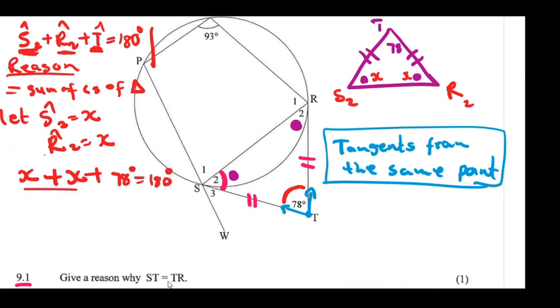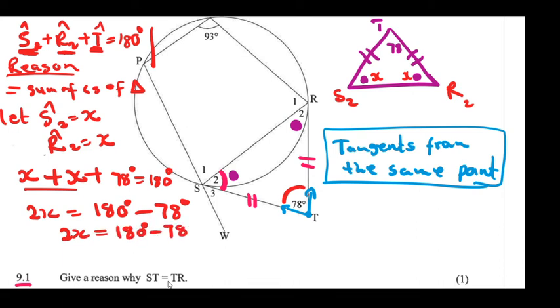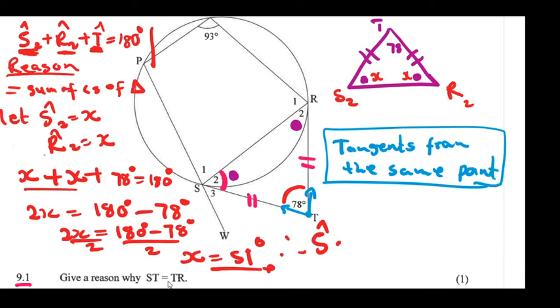So we add the like terms, so it's going to be 2x is equal to 180 degrees minus 78 degrees, and then you're going to divide by 2. Your x value is supposed to give you 51 degrees. So this concludes that our S2 is actually 51 degrees, right?